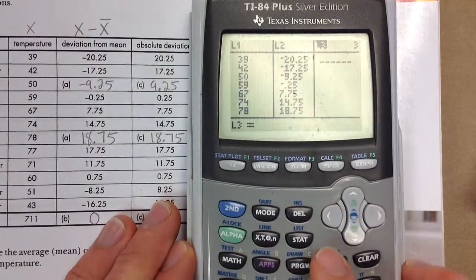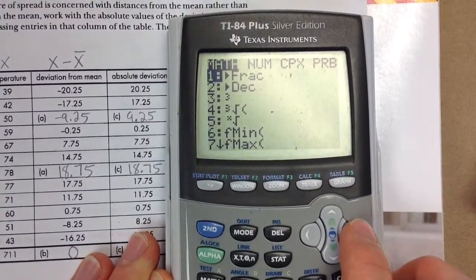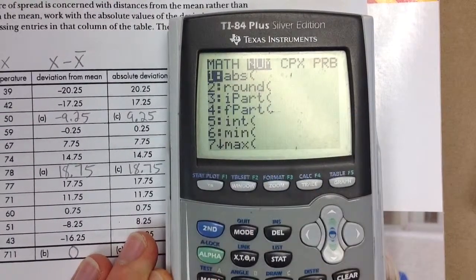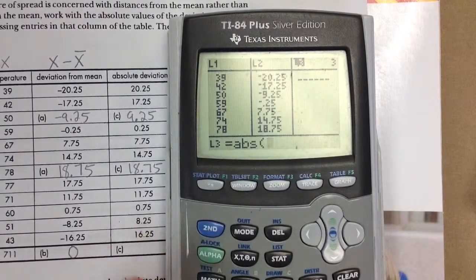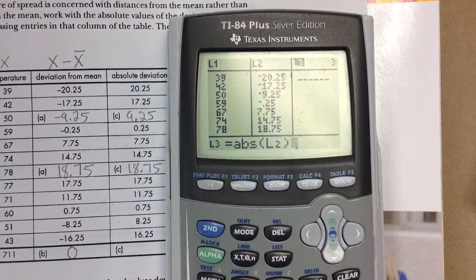So go to the very top of L3, then math, num, abs, number 1. Now what? L2. Okay. The absolute value of L2, and then enter.